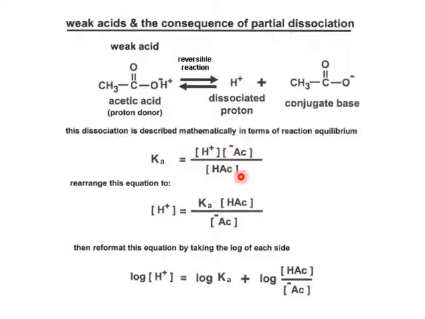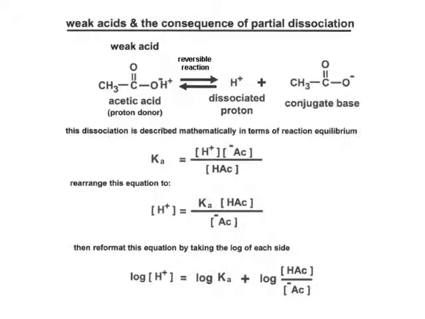And we're going to rearrange this equilibrium expression, and we're going to solve for the hydronium ion concentration, the proton concentration. And we end up with this expression. Then we're going to take the log of both sides. So the log of the hydronium ion concentration equals the log of the Ka. And remember logarithm properties, we can rewrite this as plus the log of the acetic acid, the acid species, over the conjugate base.